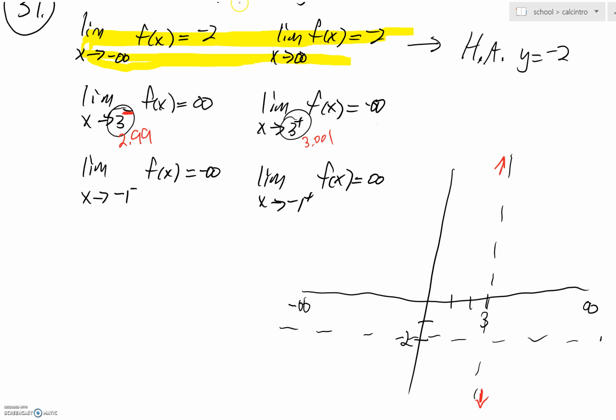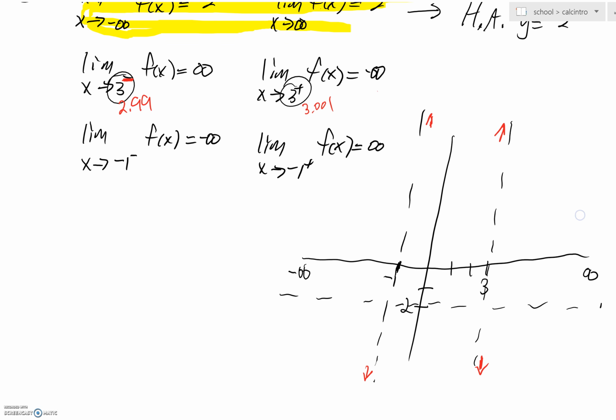But there's more information. Kids are going to say, no, wait, there's also at -1. Now, at -1, you might guess we've got another vertical asymptote. And you could say, well, from the left side, we're going to be approaching negative infinity. From the right side, we're going to be approaching positive infinity.